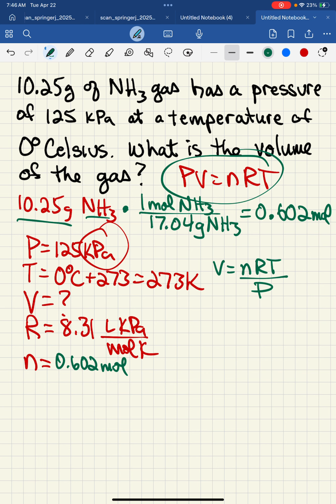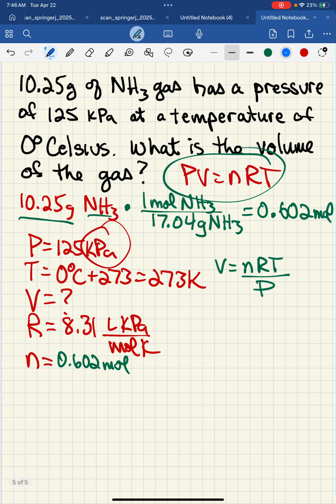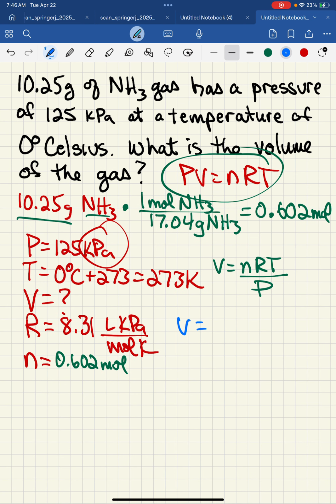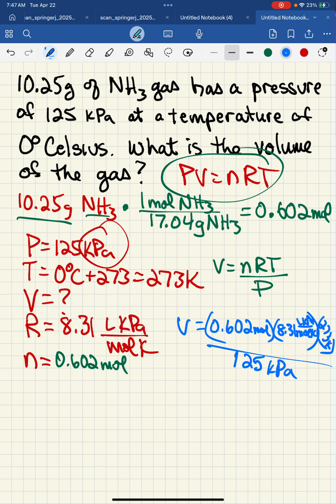You should have gotten that V was 0.602 moles times 8.31 liter kPa per mole Kelvin, and T is 273 Kelvin. Sorry, I ran out of room. Over P, 125 kPa. So if you want to pause, make sure you had those all in the right place.